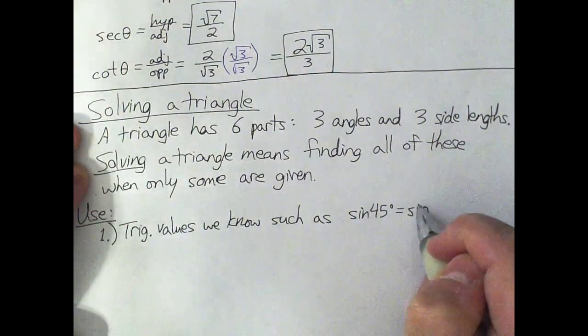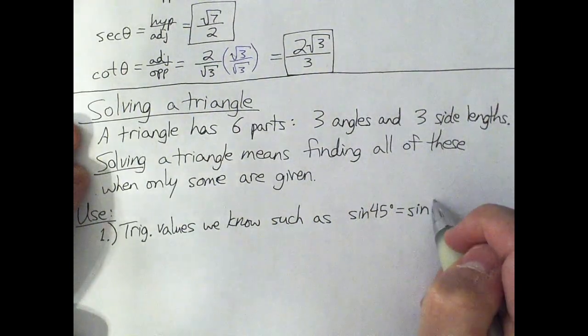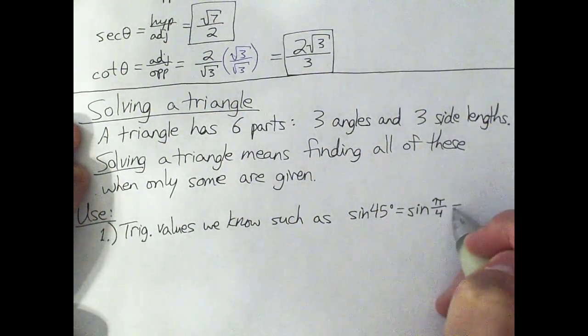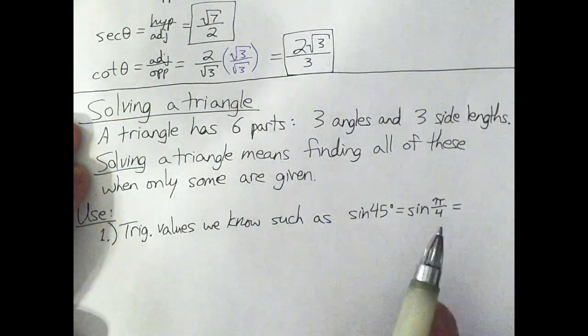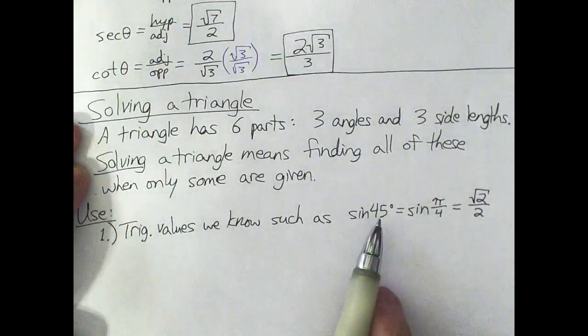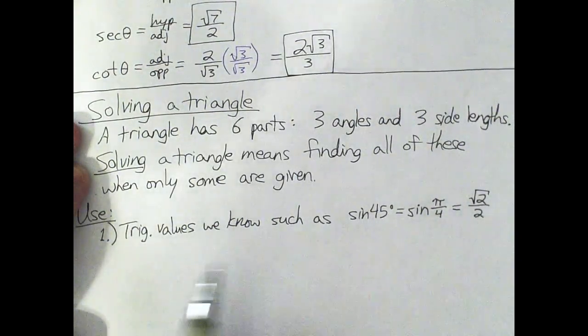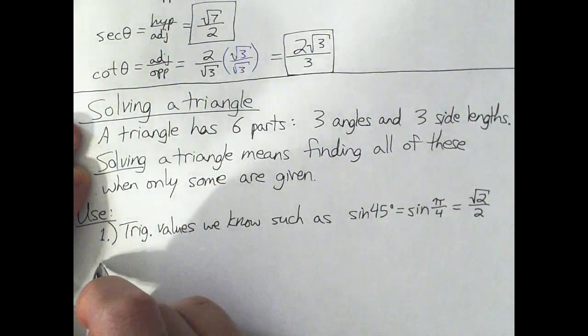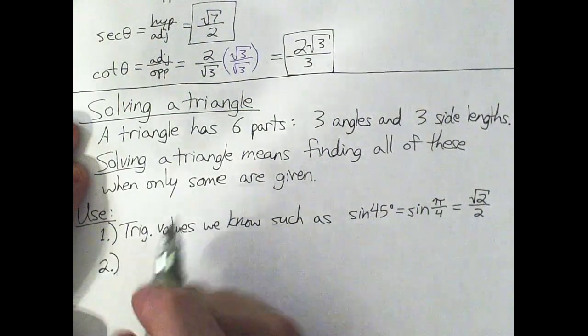Maybe it's easier if I rewrite this in terms of radians. Do we know what sine of pi over 4 is? Okay, so that looks more familiar. We've done sine of pi over 4 a bunch of times. It's the square root of 2 over 2. So whether it's in degrees or radians, we know that answer is square root of 2 over 2. That's going to be useful for solving some triangles.